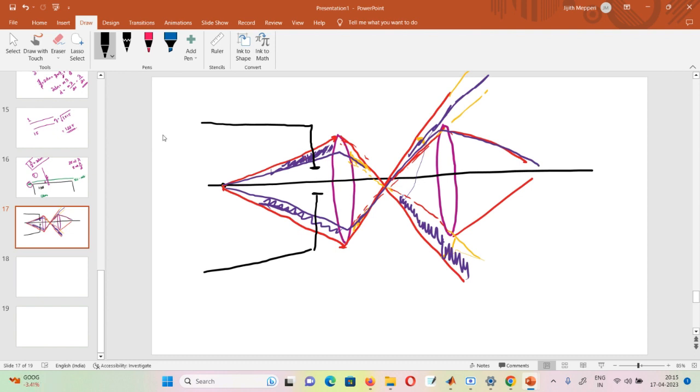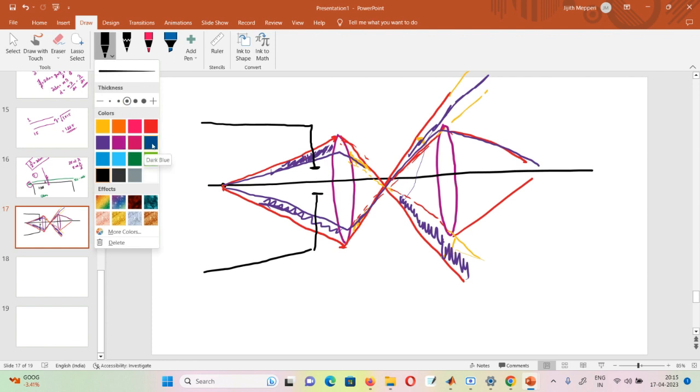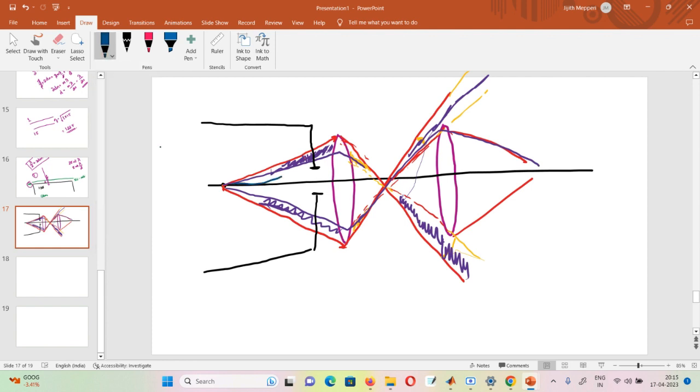Why? Because the presence of the physical aperture restricts all your light from passing through that system. Now only the light reaching this portion passes through the camera, because after this, this light will not at all pass through the system.